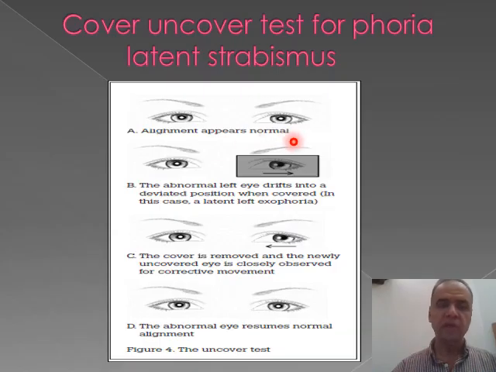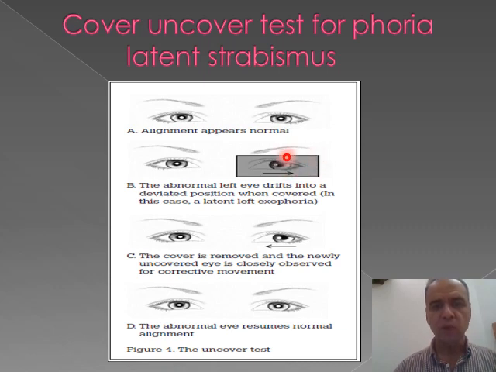If the cover test is negative and there is no tropia, then we do the cover-uncover test. So we cover one eye, for example here the left eye. After the cover, there is deviation of the left eye, either inward or outward. In this case, there is outward deviation of this eye due to interruption of the fusion component of binocular single vision.